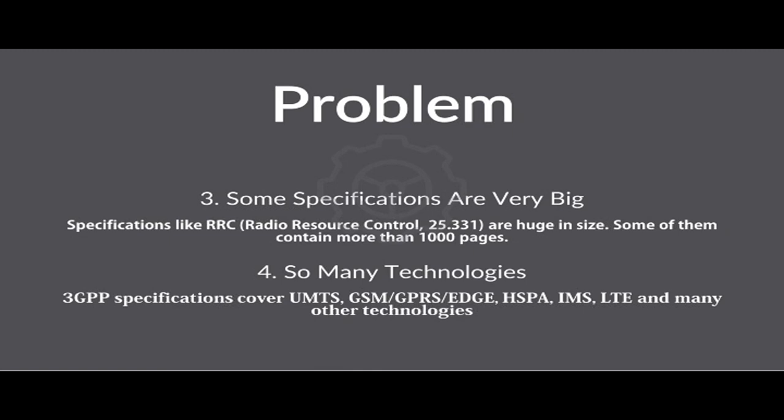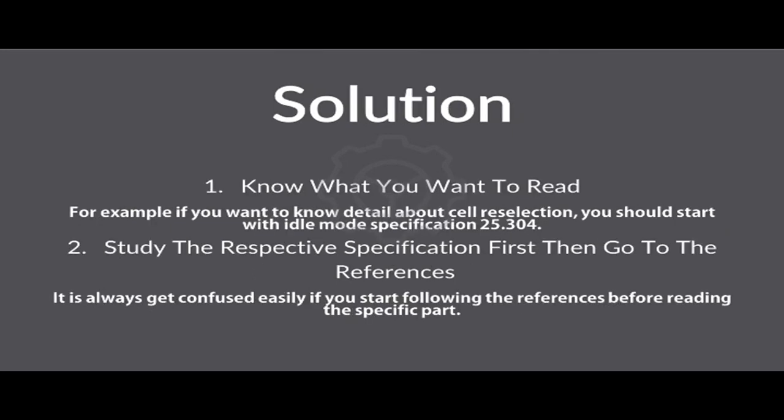So the solution for how we can read and understand it easily is, first, to know what you want to read, because 3GPP specifications are so big. If we already know what we want to read, we can make a scope, so we don't need to go through everything.